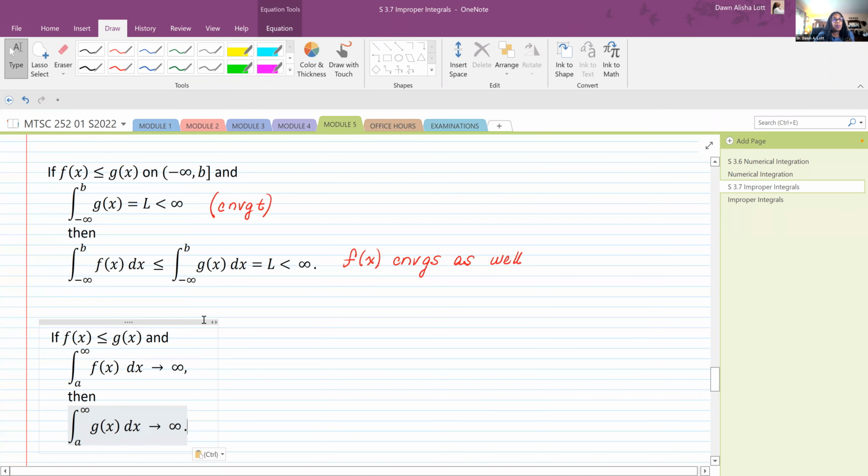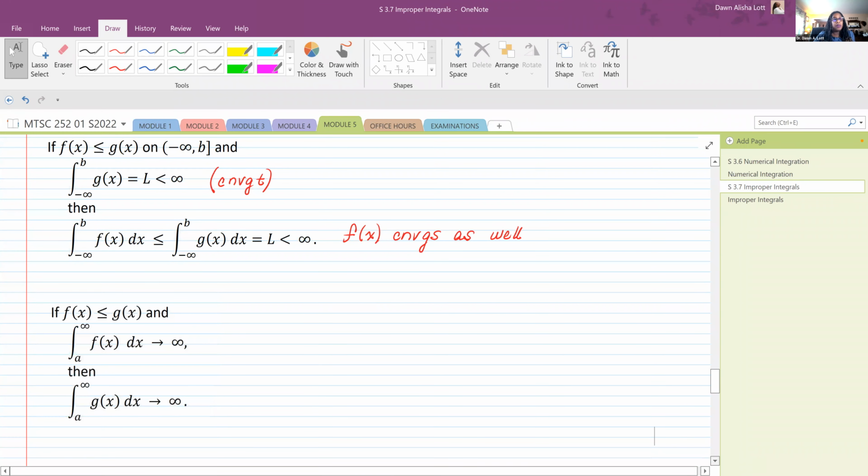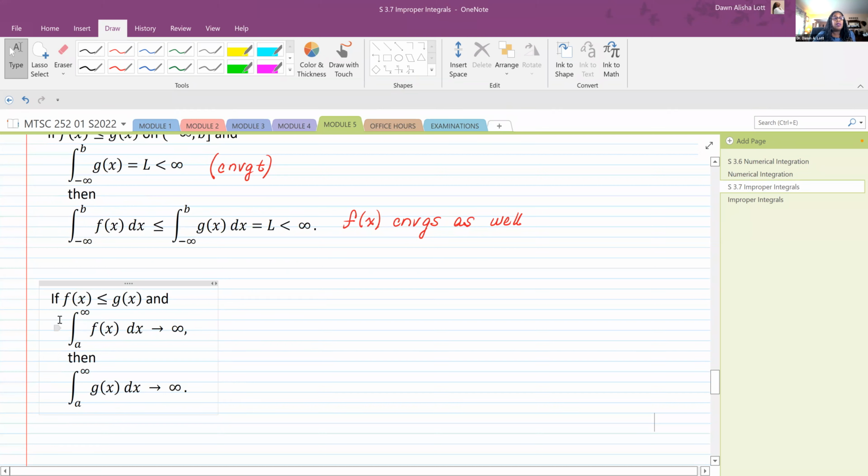Okay. Here's the other part of the theorem. If f of x is still less than g of x, so we still have one function smaller than the other, but now the integral from a to infinity of f of x blows up, so this integral diverges.